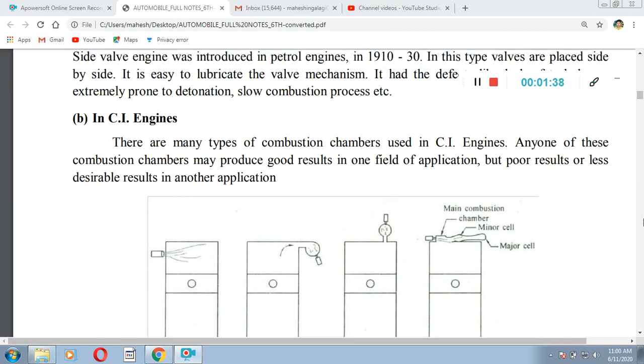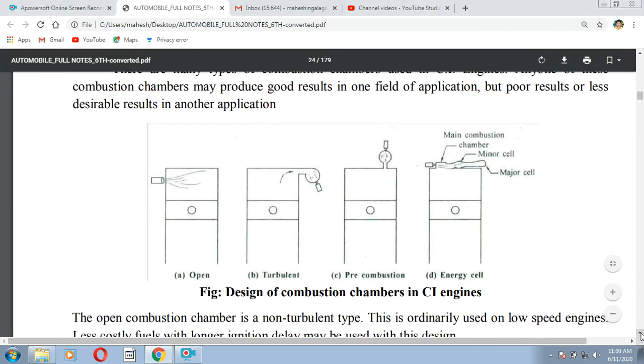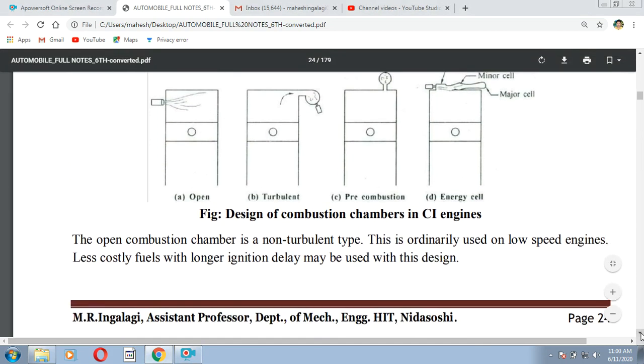Any one of these combustion chambers may produce good results in one field of application, but poor or less desirable results in another application. Likewise, we are having four types of designs, and all those designs have their own advantages and disadvantages.